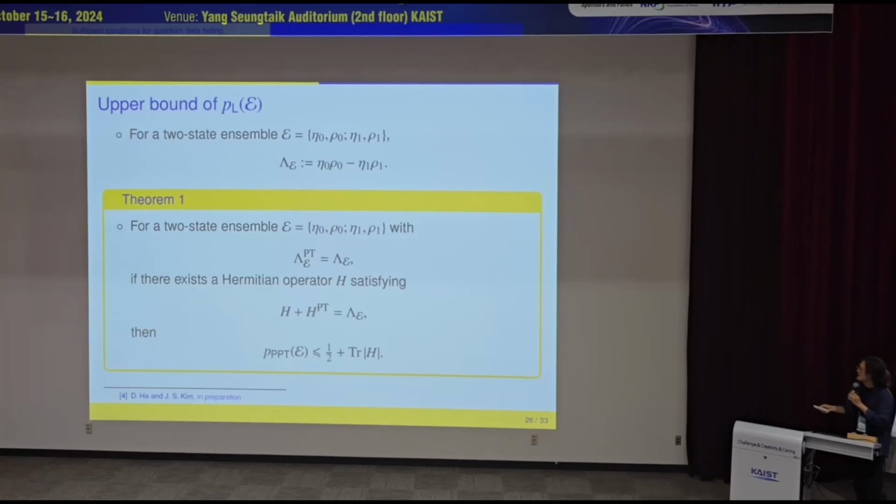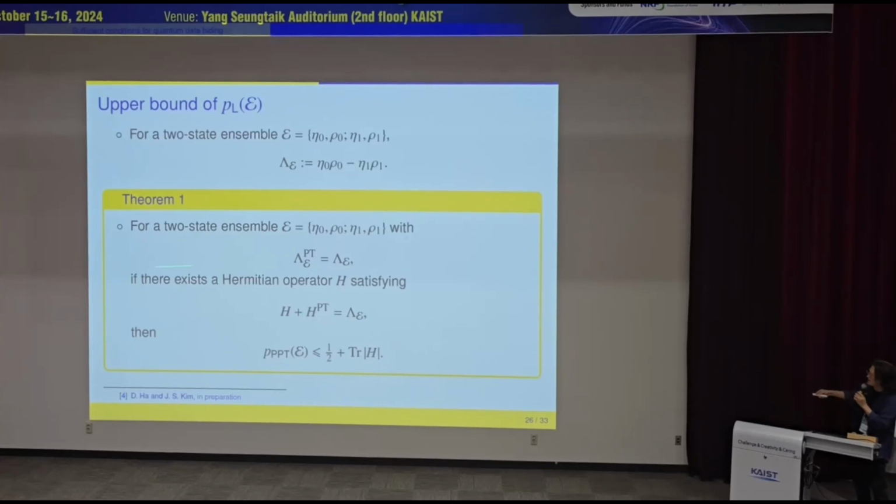It doesn't matter. And let's think about the condition that this lambda_epsilon is invariant under partial transposition. That means this is still the same after partial transposition. This is actually equivalent to saying that there exists a Hermitian operator H which decomposes this lambda_epsilon as H plus H^PT.